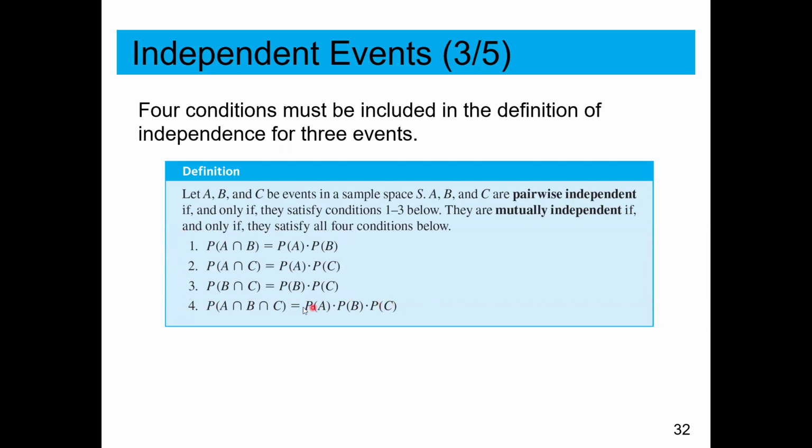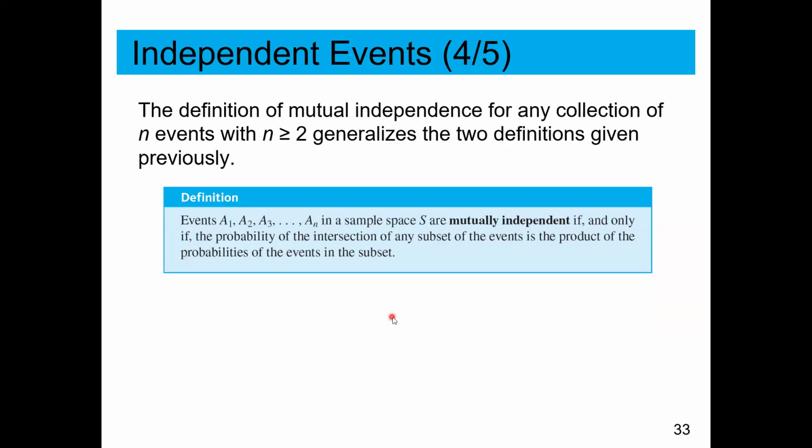Then the 4th condition also has to be true, which is that the probability that all 3 events occur is the product of the probabilities of all 3 events. We can take this a step further: what if I have n events? Then the probability is simply multiplying the probabilities of each of those events together over and over again.